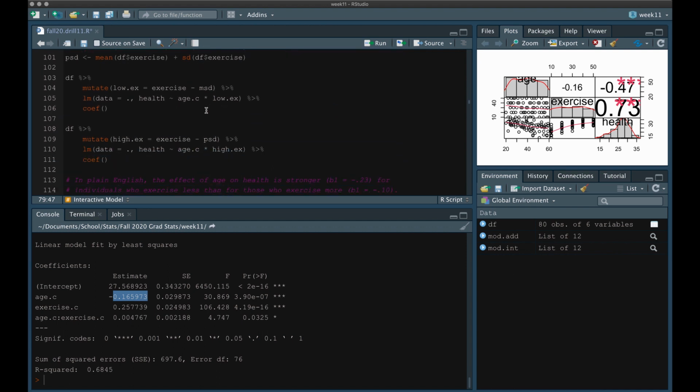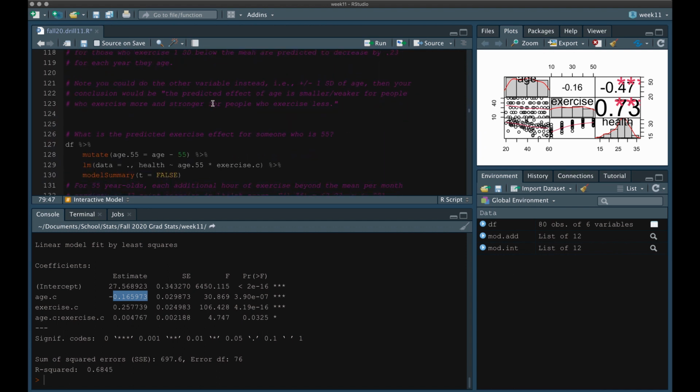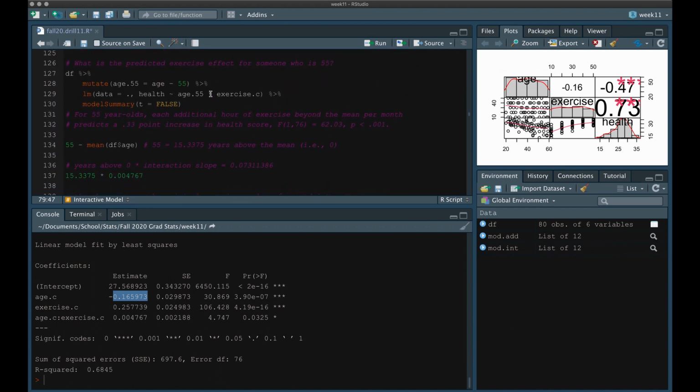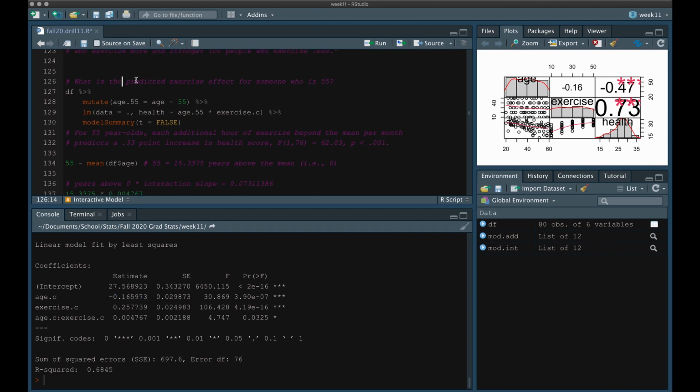In fact, I'm going to skip over this real quick and come back to it, because I want to stay on this point here. So if we say, what is the predicted exercise effect for somebody who's 55? One way we can do that is create a new variable. We're simply going to center age on 55. So instead of 0 being average, 0 now means somebody who's 55 years old.